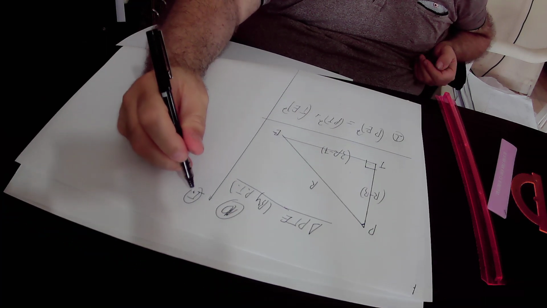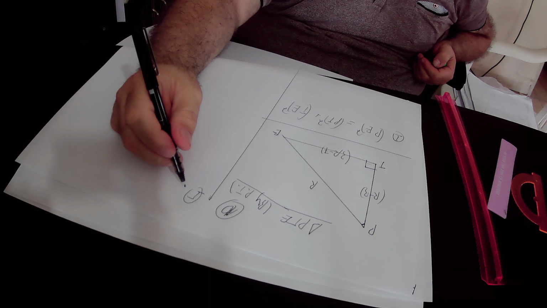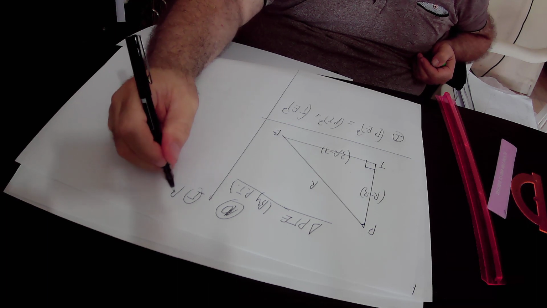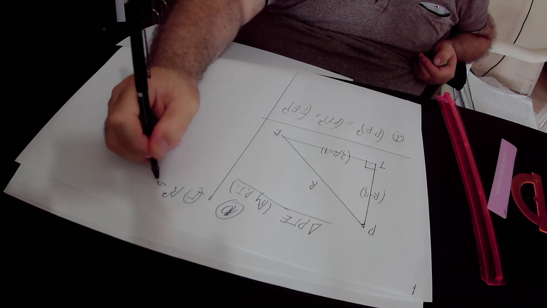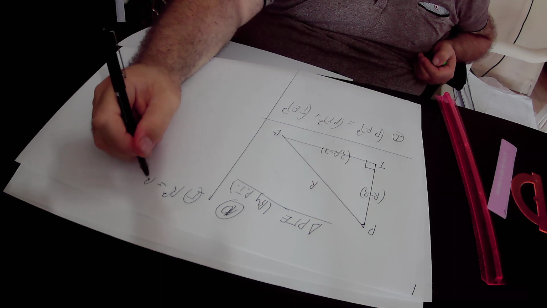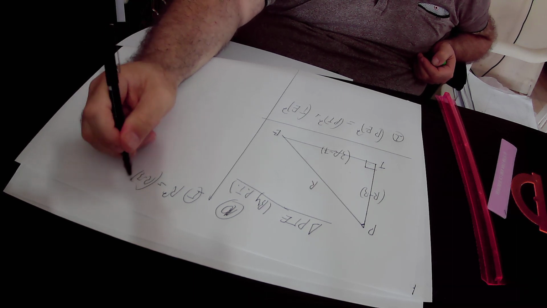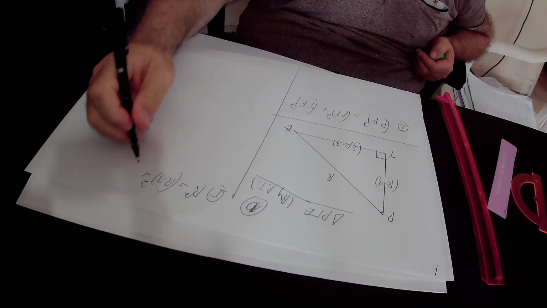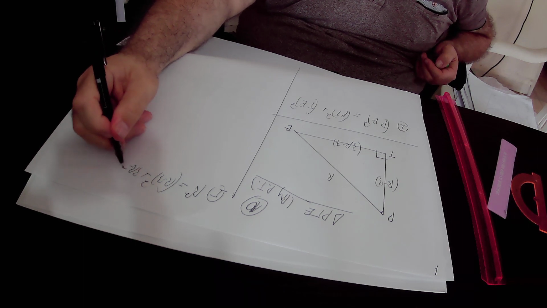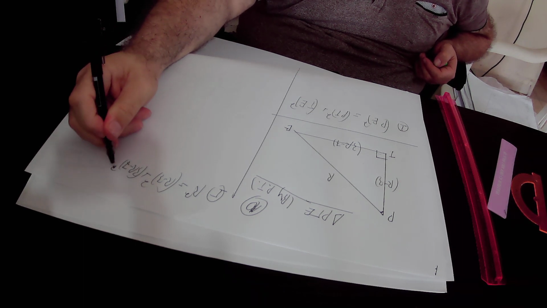So here PE equals R, therefore PE square is R square, and it is equal to PT square. PT is R minus 3, therefore PT square is (R minus 3) square, plus TE square. TE is 3R minus 7, therefore TE square is (3R minus 7) square.